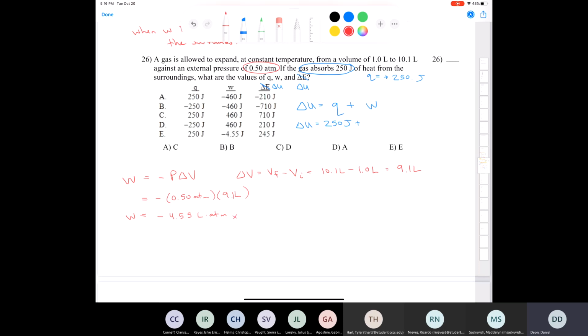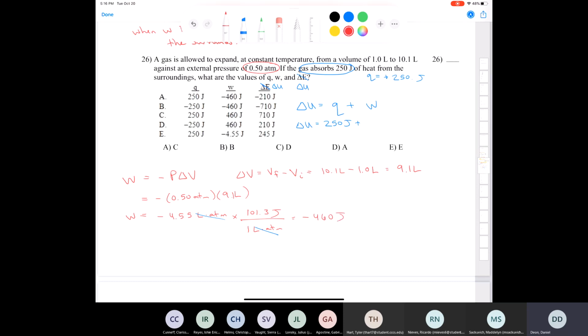But we know that we're going to have to convert that into joules. And the conversion factor that we need for that is that in 101.3 joules, we have 1 liter atmosphere. And you can see that liter atmospheres are going to cancel out, and I'll be left over with joules. In fact, I'll be left over with negative 460 joules.